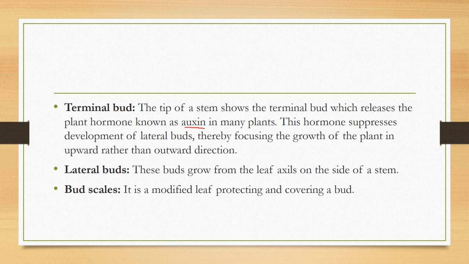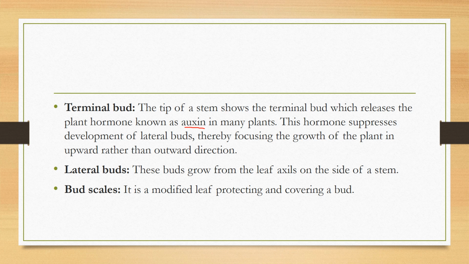In many plants this hormone is released by the terminal bud, and this auxin tries to stop or suppress development of lateral buds, thereby focusing the growth of the plant in upward rather than outward directions.